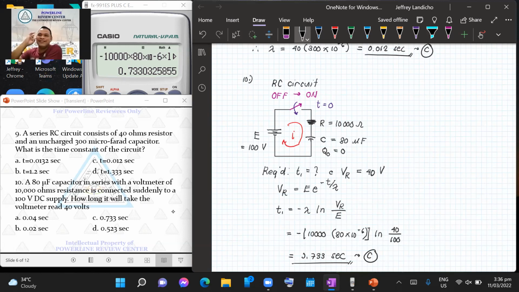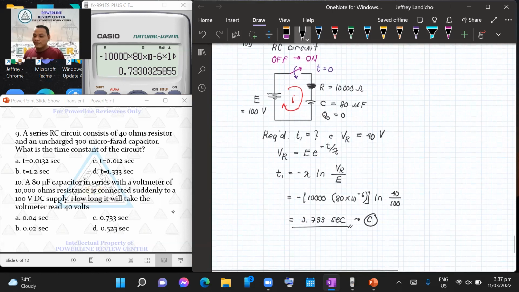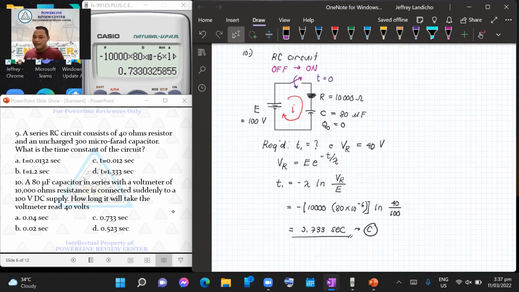Babasahin niya lang yung problem. So, ikaw bahalang mag-draw ng equivalent circuit para makuha mo yung circuit kada problem. Pag nakuha mo yung circuit, alam mo na kung anong formula ang gagamitin mo. Kailangan, before mag 1 minute, meron ka ng answer kasi susunod na minute, ayun na naman yung second question. Pag short quiz, mabilisan lang.